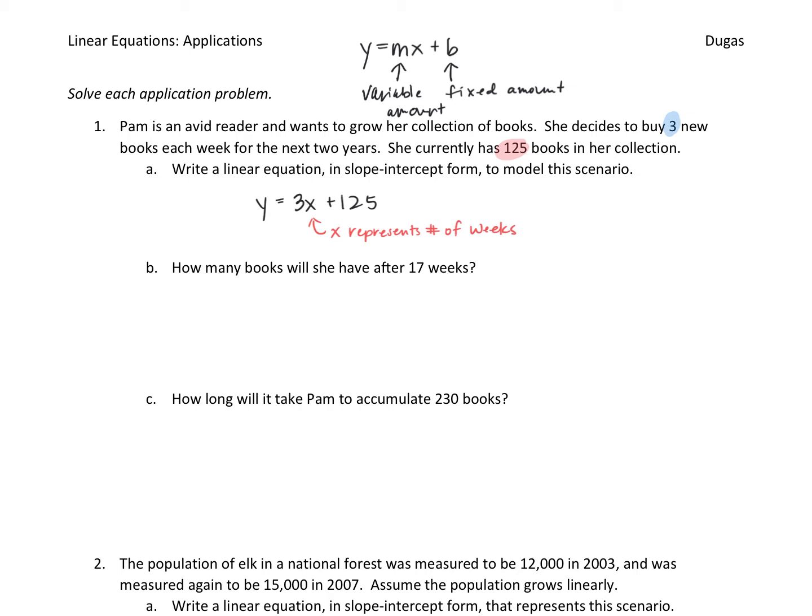So it's 3 times the number of weeks. So x represents the number of weeks. If we plug that in, then we're going to find the number of books she has after that many weeks. So this y is going to give us the total number of books she will have after so many weeks.